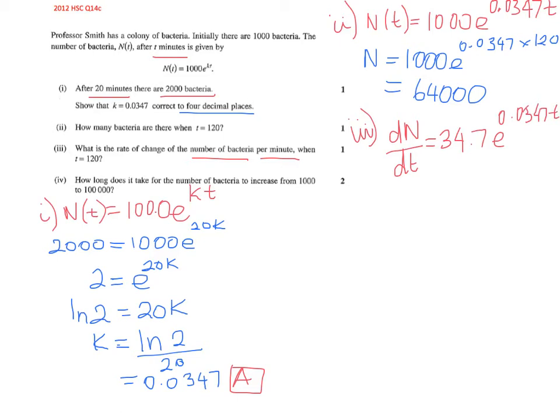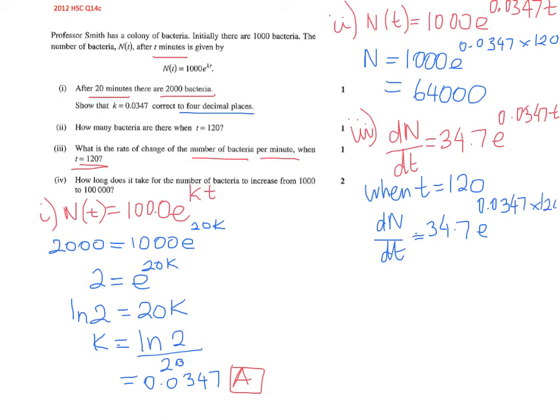Then we want to find what the rate of change is when t equals 120. So when t equals 120, we're going to find dN/dt by subbing in 120 for t. So 34.7, we're going to use the exact number from our calculator using alpha A, e to the power of 0.0347 times 120.